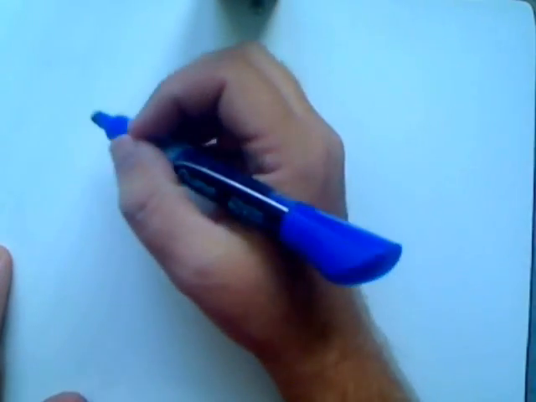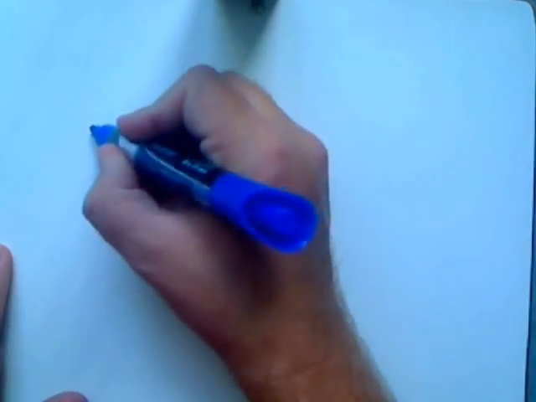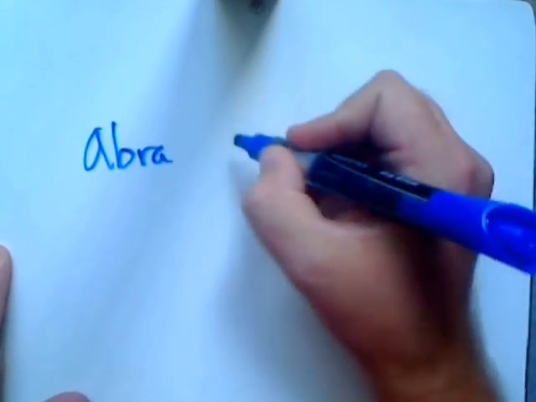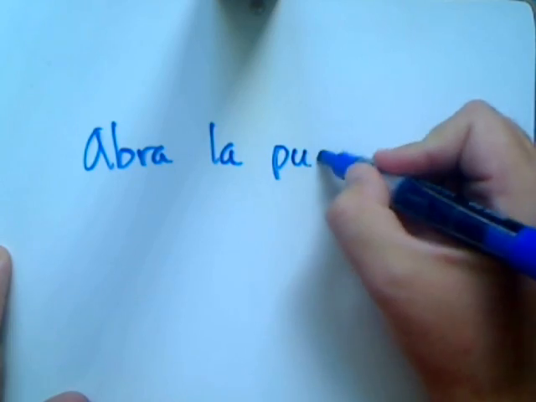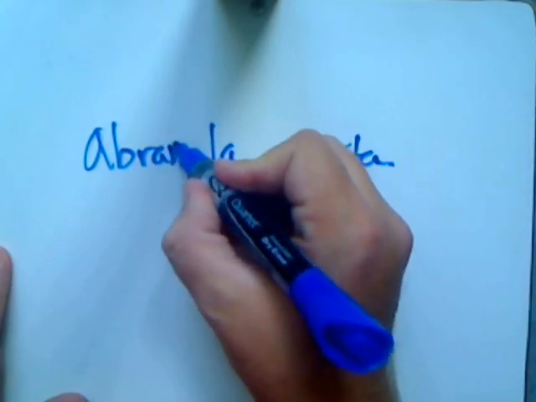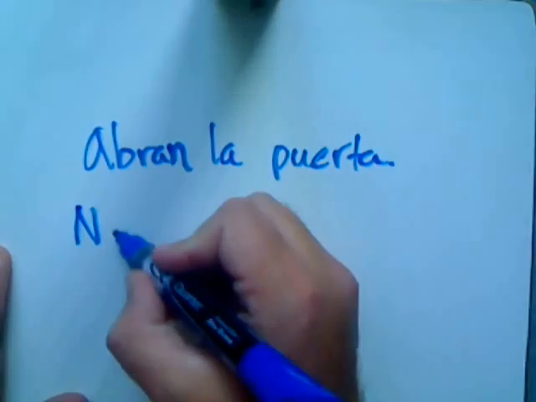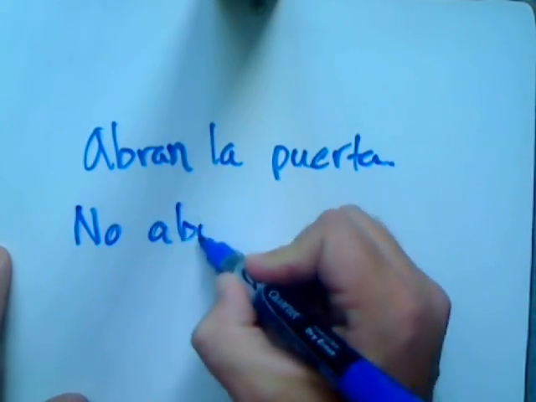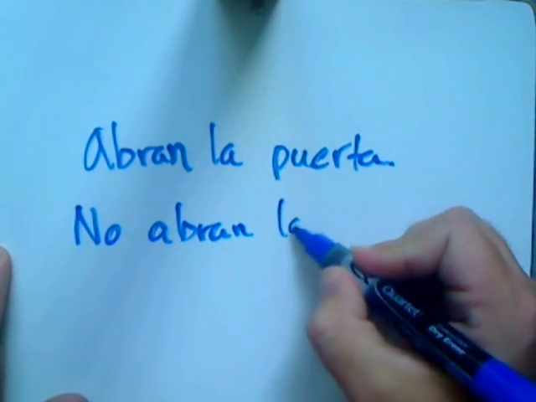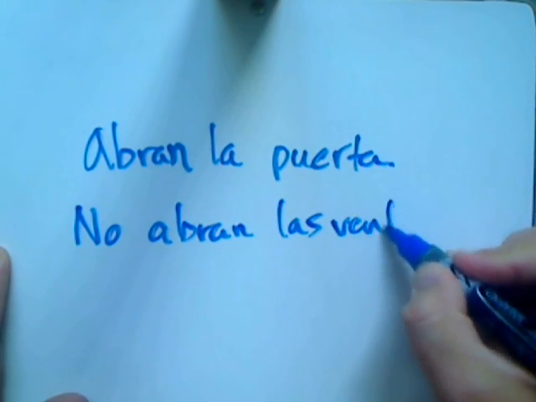Okay? How about an IR verb? Open the door, right? Abra la puerta. Make it plural. You guys open the door. Abran la puerta. Don't open the windows.